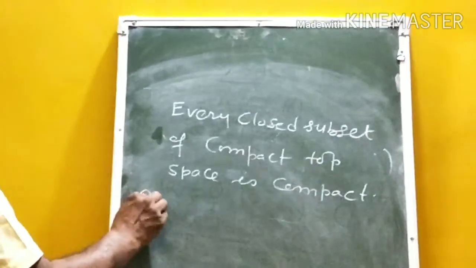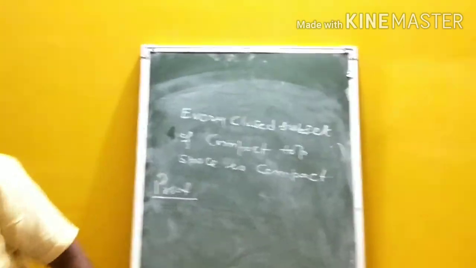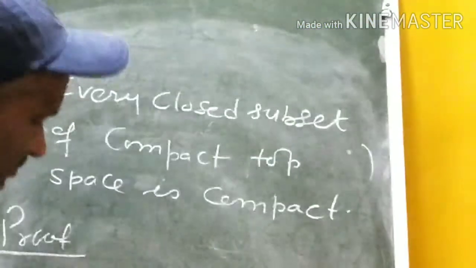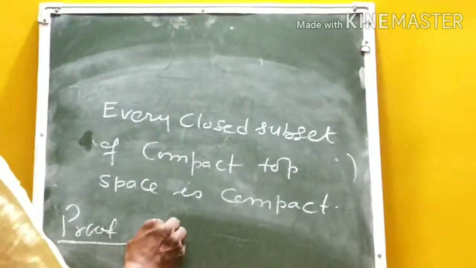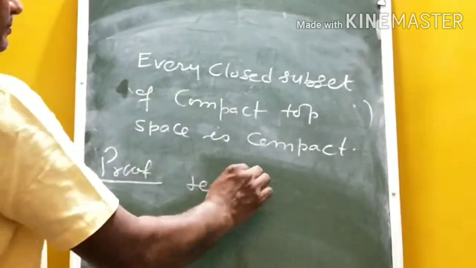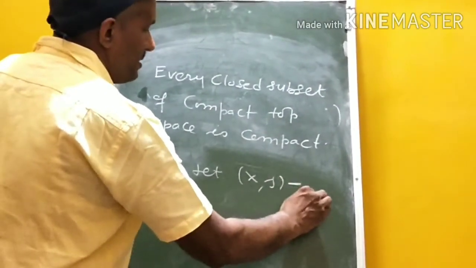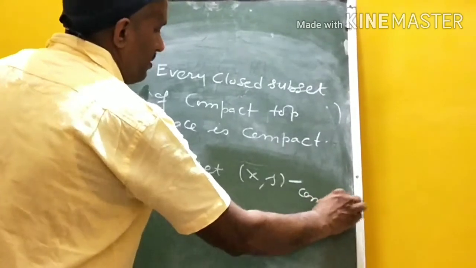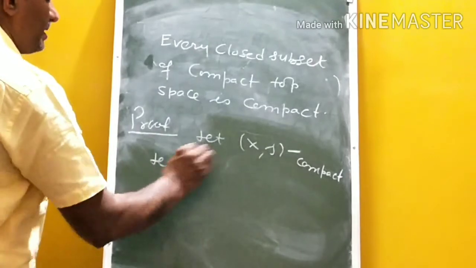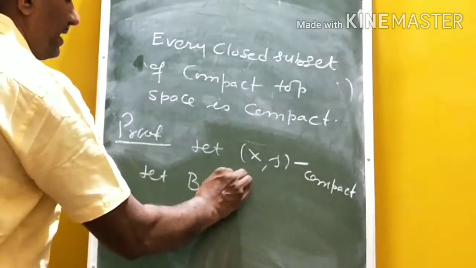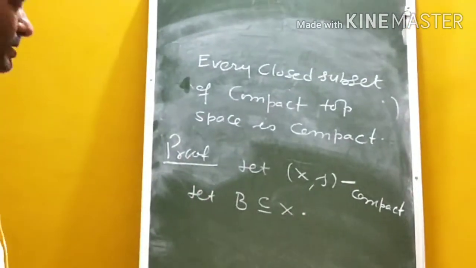Proof. Let X be a compact topological space. Let B be a closed subset of X. We want to prove B is compact.